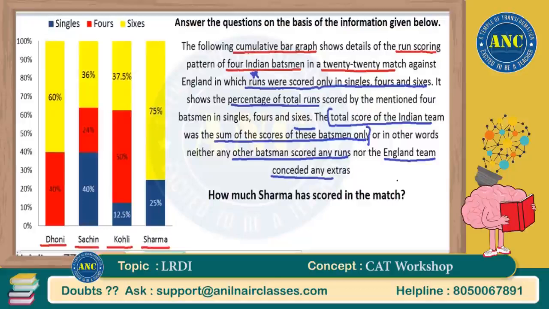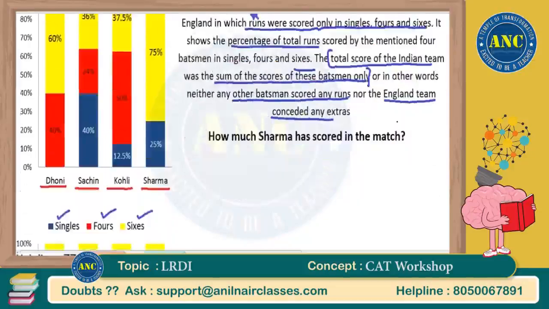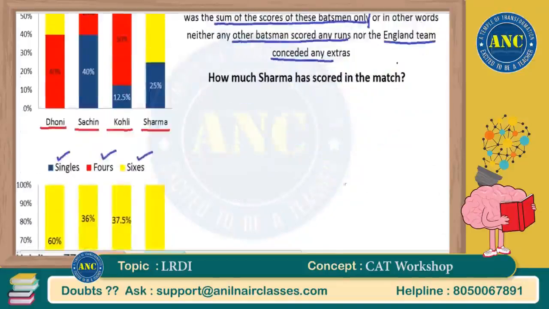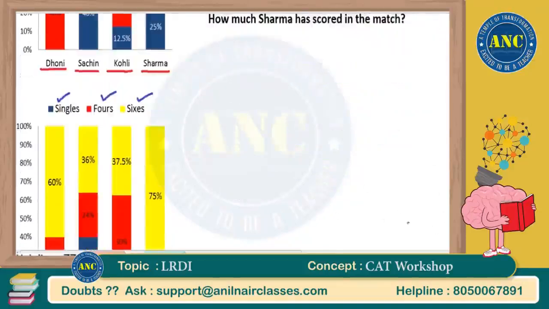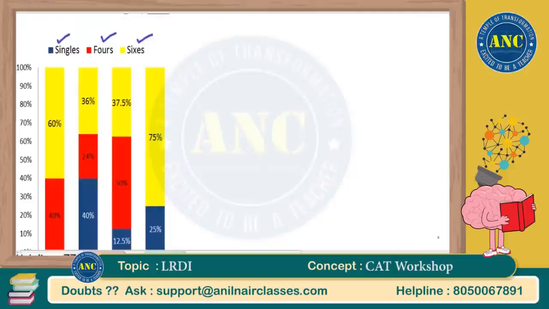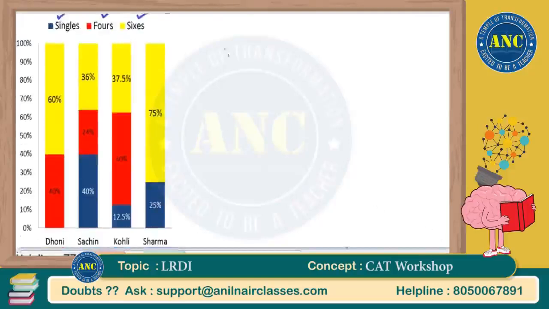England did not give any extras, and only 4 batsmen have scored. I hope the question is clear, sir. Now first listen. Forget about how much Sharma has scored in the match. First let me understand the question. Every caselet is beautifully chosen, sir, so that the students' way of looking at LRDI will change.